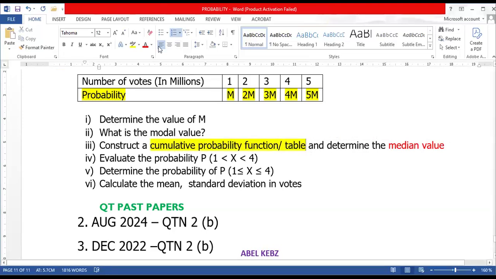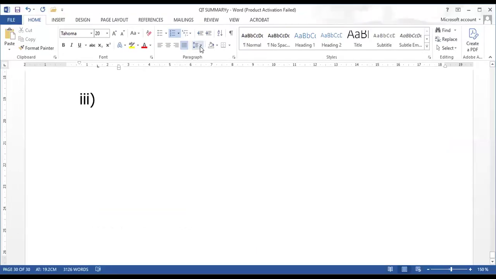And how do we construct the cumulative probability table? It is very easy. The way you hear the word cumulative, you are accumulating the probabilities. You are summing up the probabilities.